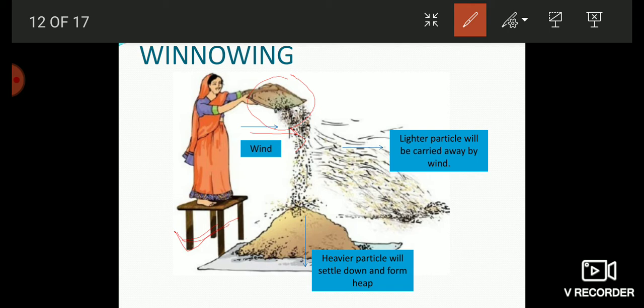Now what will happen? Wind is blowing in this direction. So the lighter particles, that means husk, will be carried away by wind. Okay, these are the husk or the lighter particles. They are blown away by wind.